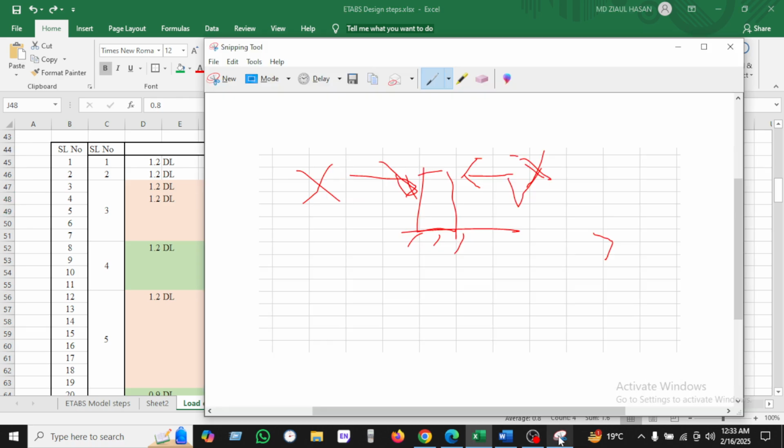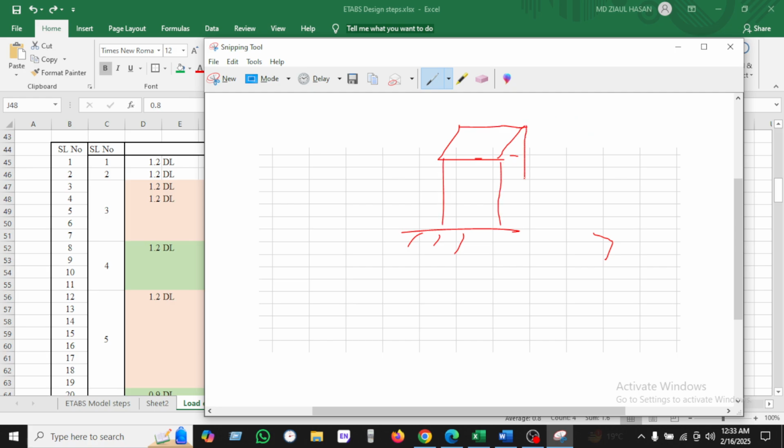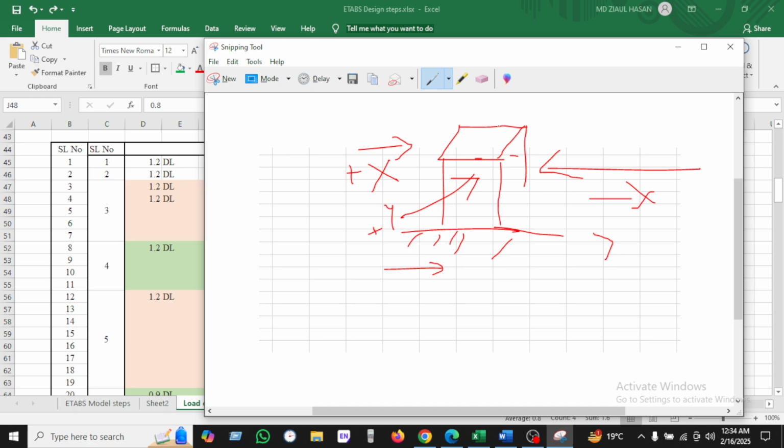Okay, sorry, I'm interrupting again. If you visualize the building in 3D, then you can understand what the x-axis is in positive and negative. You can see this is the x-axis. These are the positive x, and these are the negative x, and on the other hand this surface will be positive y, and on the other hand this surface will be negative y.